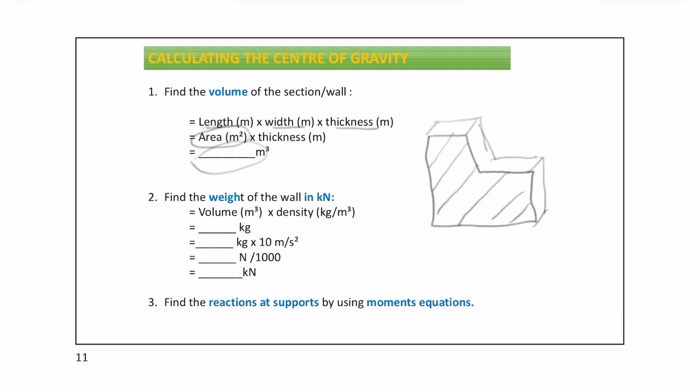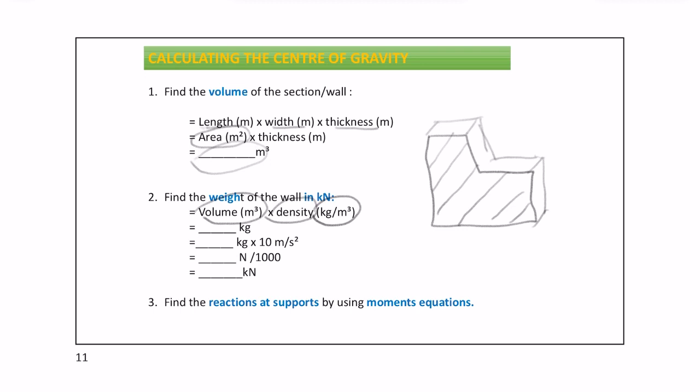And to find the weight of the wall, kita kena dapatkan the mass dulu, which is volume. Kita akan darabkan dengan the density of the wall lah. Depends pada material of wall, dan kita akan tahu berapa kilogram untuk setiap meter cube ya.